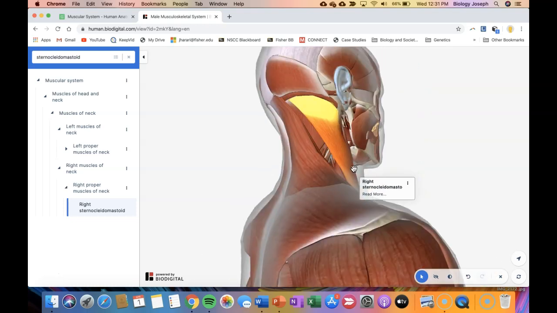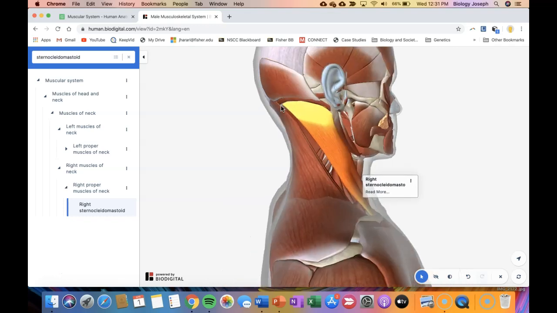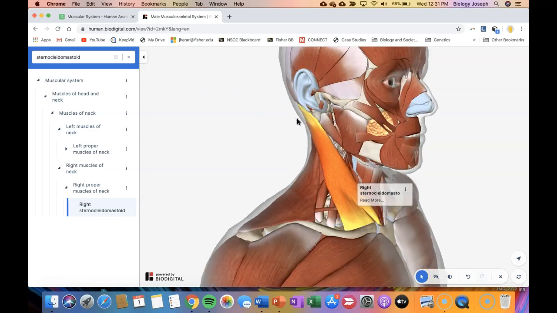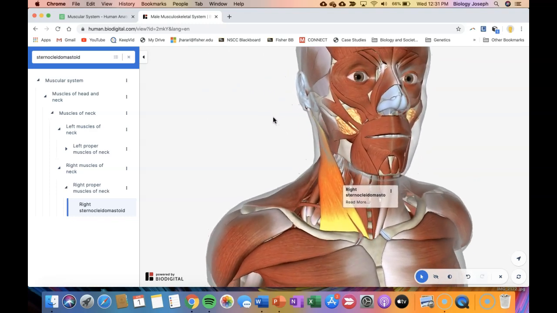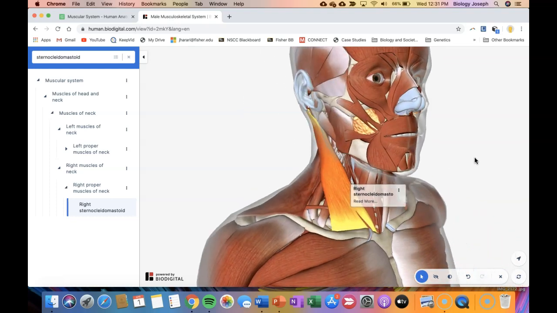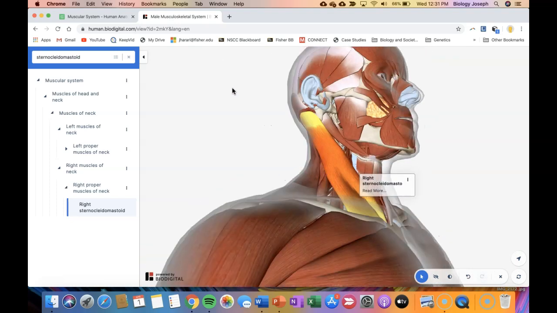And then if you turn around, you can see the mastoid process is the origin. Oh, sorry, the insertion. So it inserts on the mastoid process. So as I'm going through each muscle, you should make sure that you're following along with the app or with the website, because it's very important to visualize where these muscles attach.